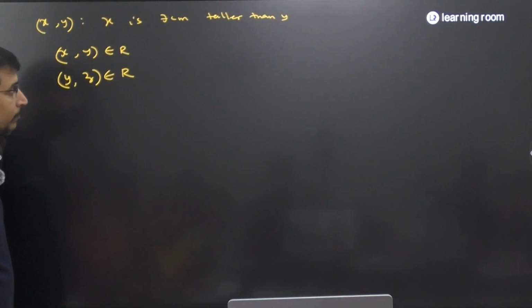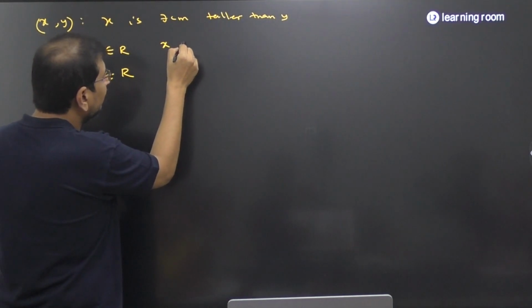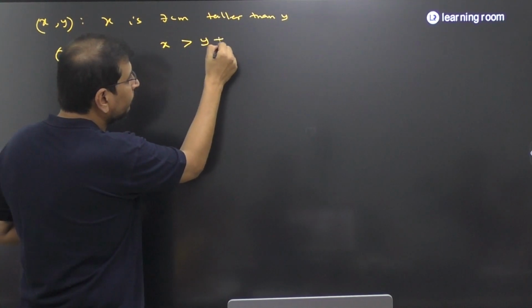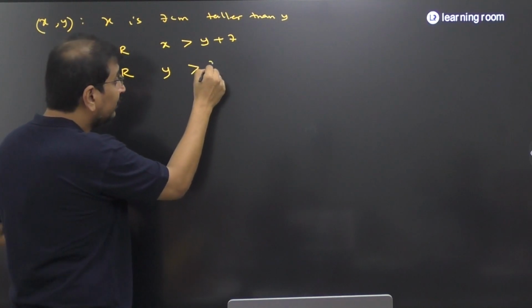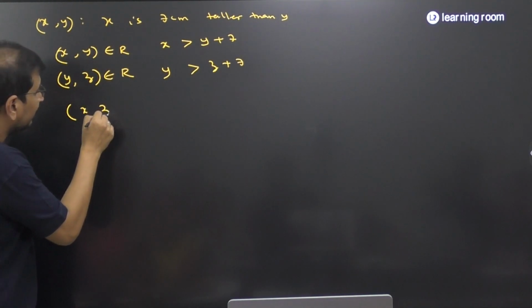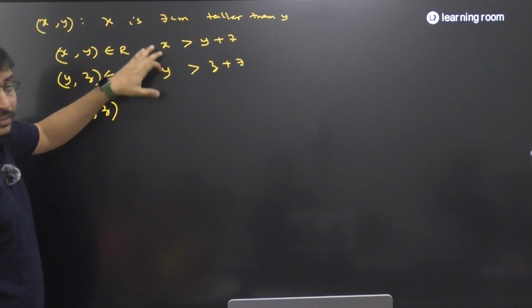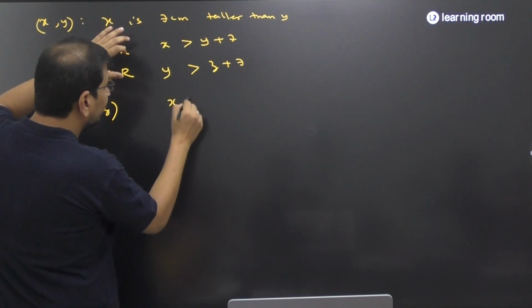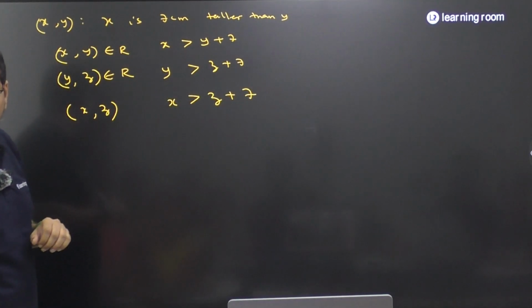Y is exactly, that's it. So here X is greater than Y by 7 centimeter. Here Y is greater than Z by 7 centimeter. If at all I write X comma Z, what is the meaning of this? So I need to say that X is greater than Z by 7 centimeter, but it is not possible. Why?